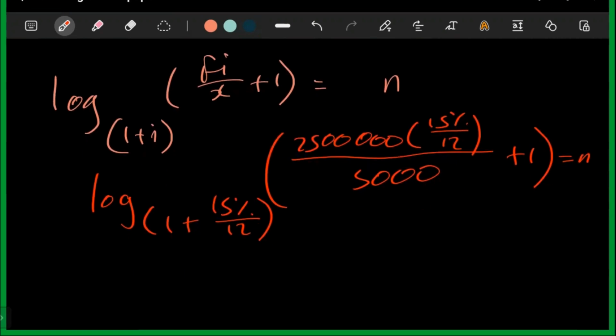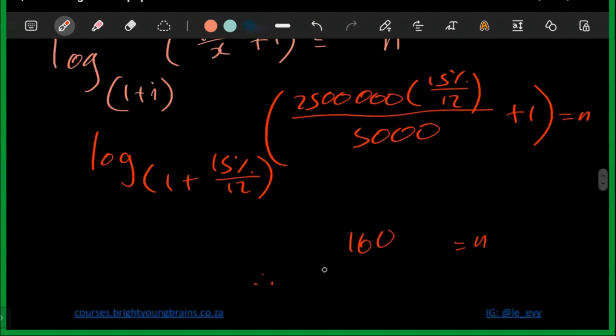So everything in the calculator here is looking all nice and neat. Judging from the value in our calculator, we can clearly see that n here is equal to 160 months, and we need to keep in mind that that's definitely going to be the minimum number of months it's going to take for you to reach that value.